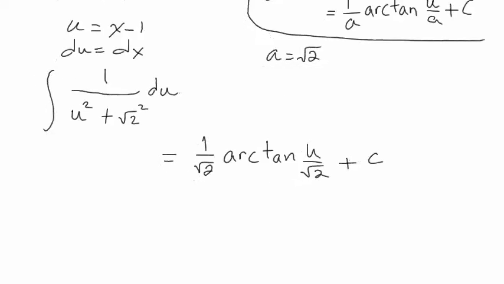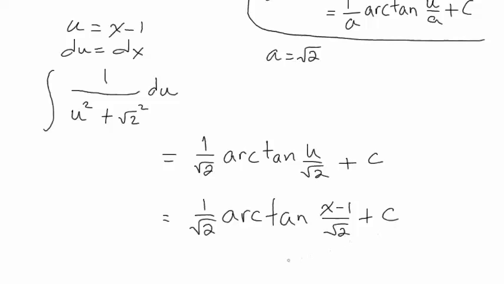So we end up with 1 over the square root of 2 arctan of x minus 1 over the square root of 2 plus c.